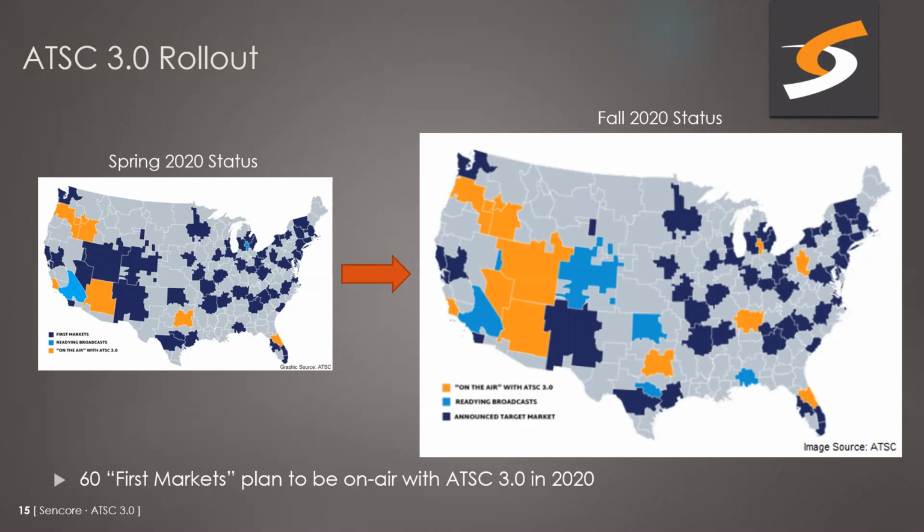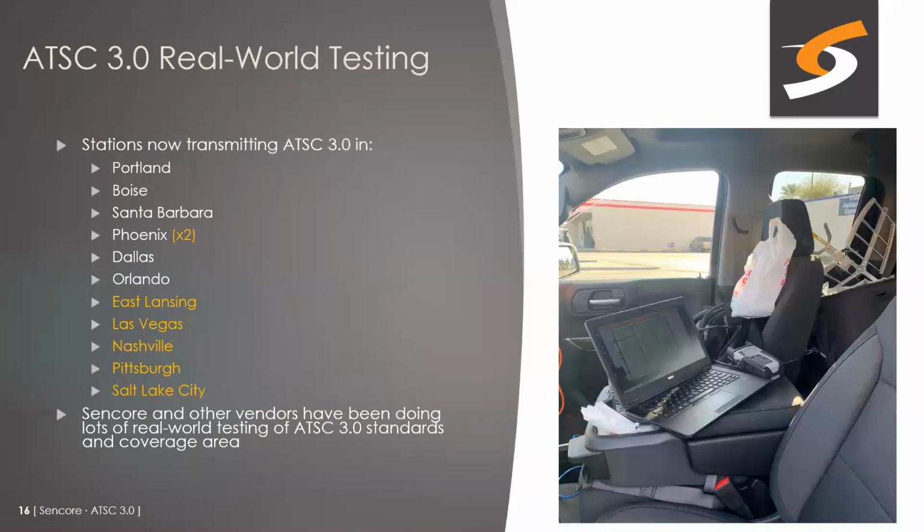From the ATSC website, there was a note that they are still targeting 60 markets to be on the air in 2020 with at least one ATSC 3.0 transmitter. I kind of have my doubts that that's truly going to happen, but we'll see.